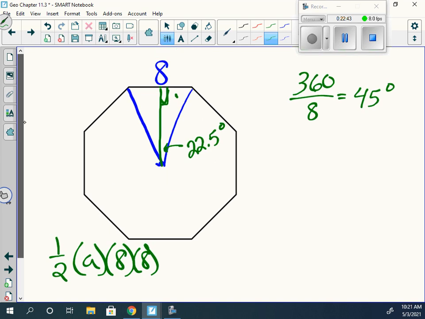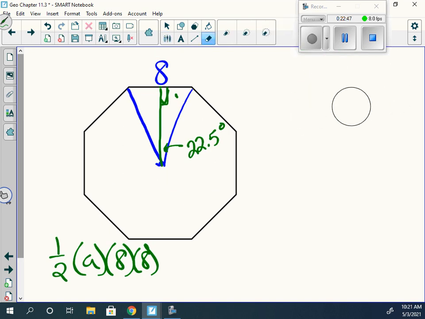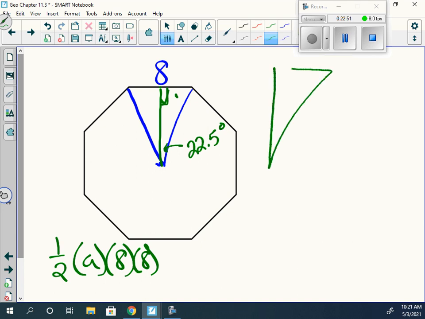And we've somewhat created it, because what I've created is a right triangle with an angle of 22.5 degrees. Now again, this is an angle bisector. It's also a segment bisector, which means this top part is 4. The apothem, we don't know. So are we still good with this here?